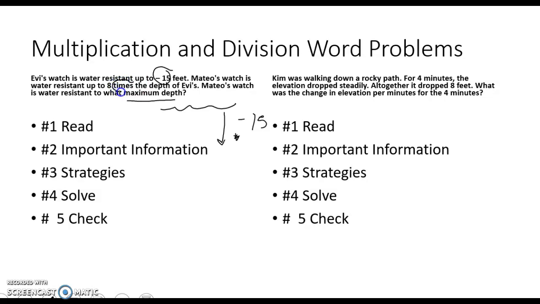Here's a clue word right here, 8 times. It is telling you to multiply. So you are going to multiply 8 times the depth that Evie's watch can go, 8 times a -15. And when I multiply those numbers, I'm still remembering the rules, a positive times a negative, the signs are different.